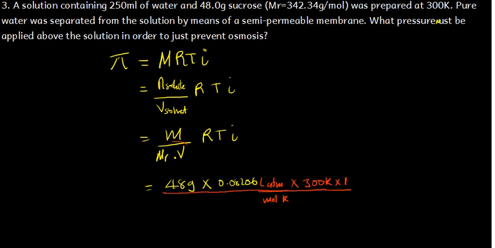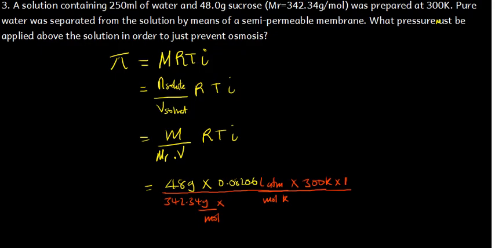And then in the denominator we have the molar mass, which is given as 342.34 grams per mole. This mole goes in the denominator again, times now the volume.